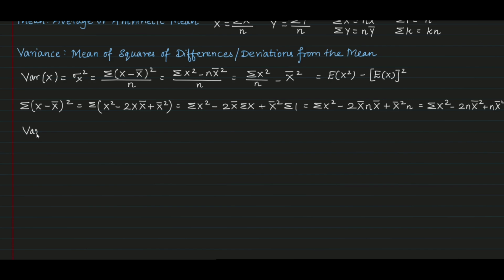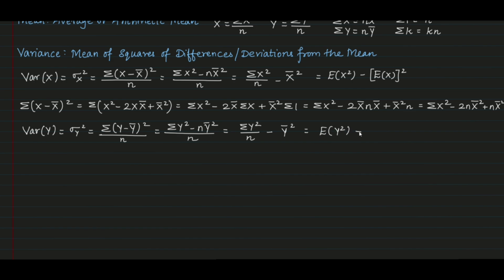So in similar lines we write variance of y as sigma square y, which is nothing but summation of y minus y bar the whole square by n, and summation of y square minus n y bar square the whole divided by n, or mean of y square minus mean of y the whole square, which is expectation of y square minus expectation of y the whole square.